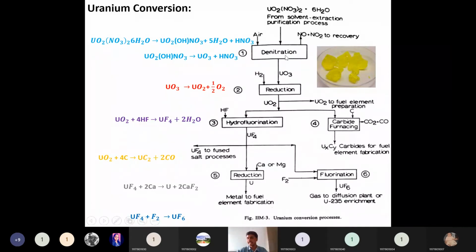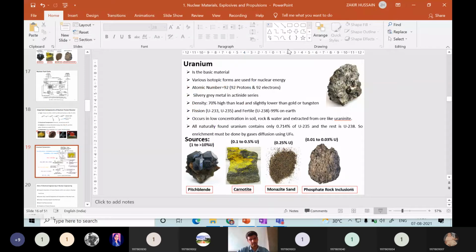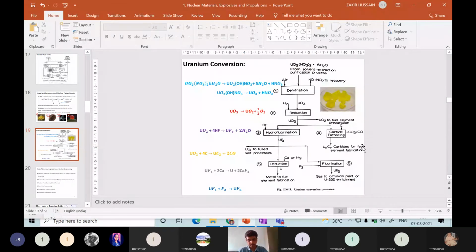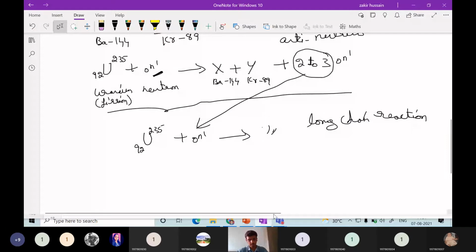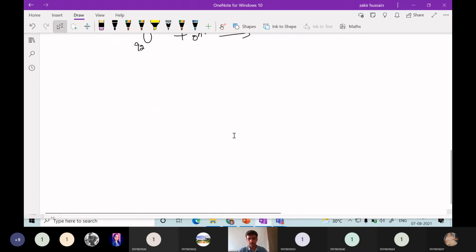The first one is denitration. I will show you in detail. Uranium conversion processes.